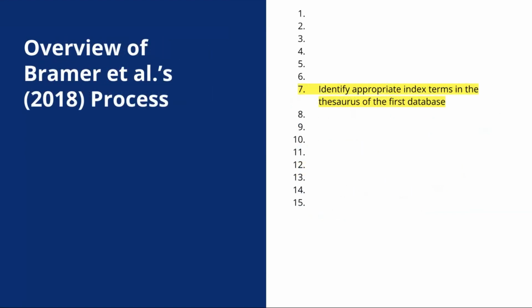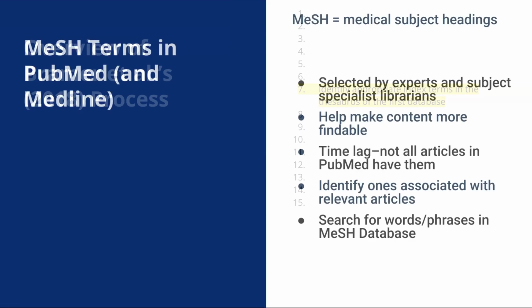Next, we will cover how to identify relevant thesaurus terms that are associated with a specific database platform. These terms are also called controlled vocabulary terms. PubMed has a thesaurus of MeSH terms, and MeSH stands for Medical Subject Headings. You can explore this thesaurus by opening the MeSH database on the PubMed website.